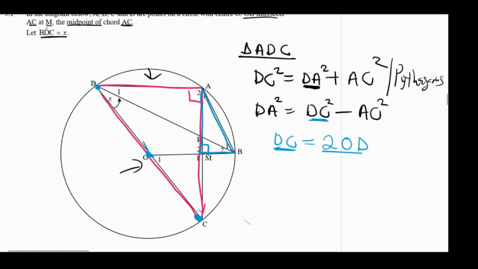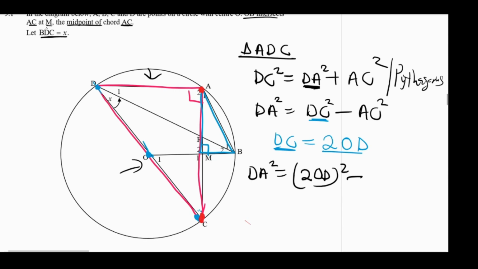So where we see DC, we're going to put twice OD. So it's just going to be DA squared is equal to twice OD all squared minus AC. AC is this one here. Let me mark it from this point all the way up to that point, right? So that is AC.